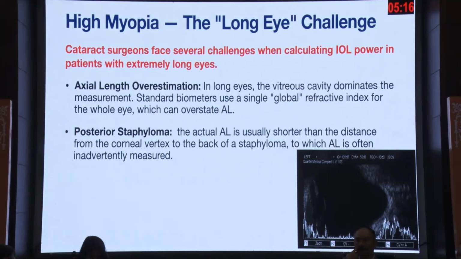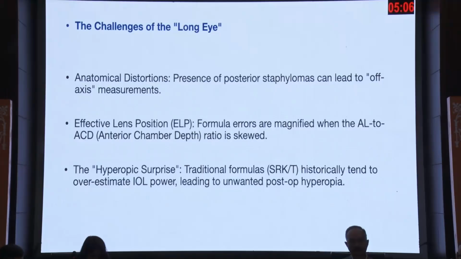Cataract surgeons now face several challenges when calculating the IOL power in patients with extremely long eyes, because of axial length overestimation and posterior staphyloma. Why do we struggle in these eyes? Because it is a trifecta of trouble. First, the anatomy. A posterior staphyloma is not just a bulge, but a trap for us. If our A scan hits the slope of the staphyloma rather than the fovea, our axial length calculation is wrong.